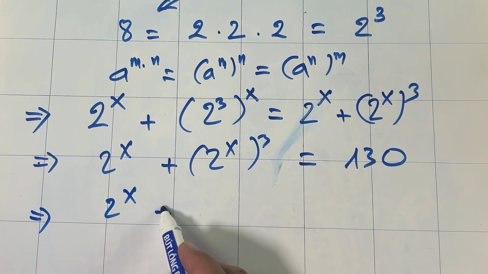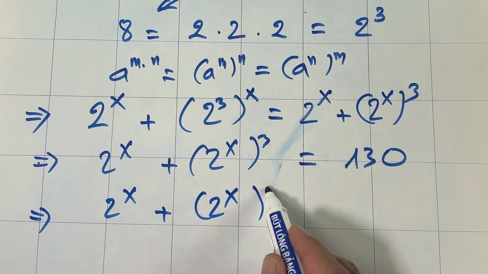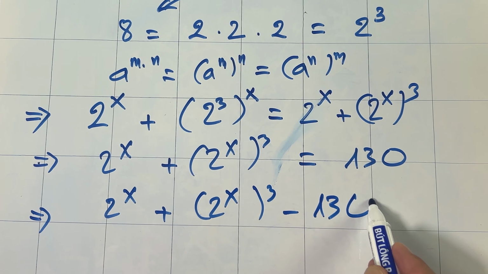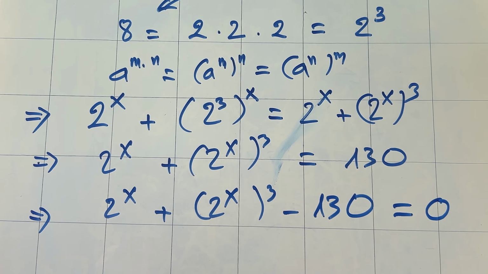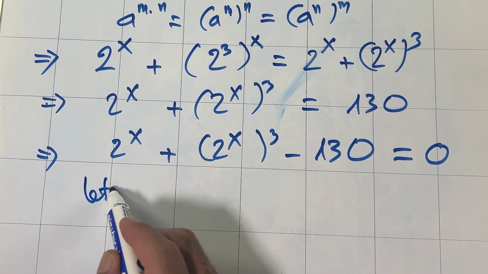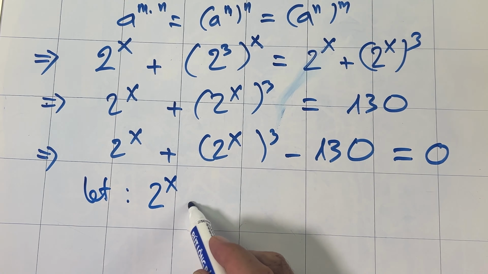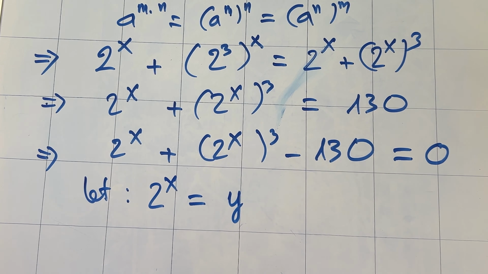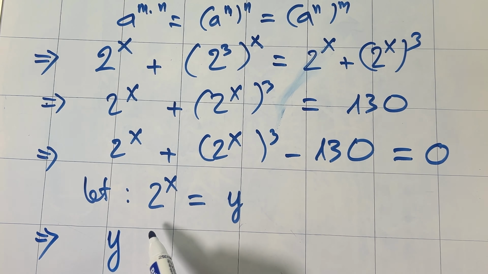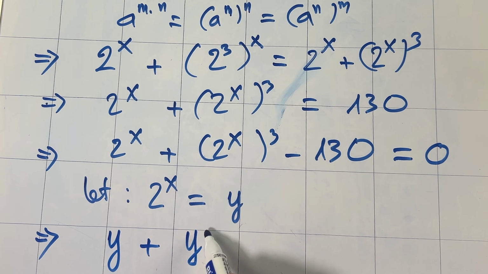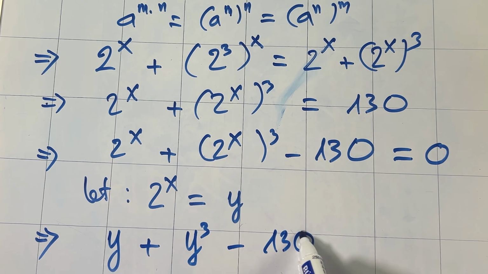Therefore 2 to the power of x plus (2 to the power of x) to the power of 3 minus 130 equals 0. Setting 2 to the power of x equals y leads to y plus y to the power of 3 minus 130 equals 0.